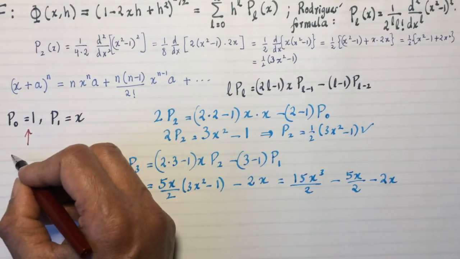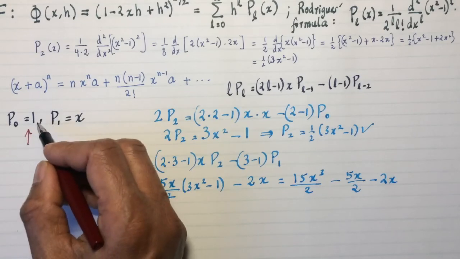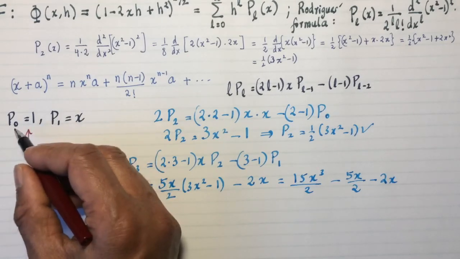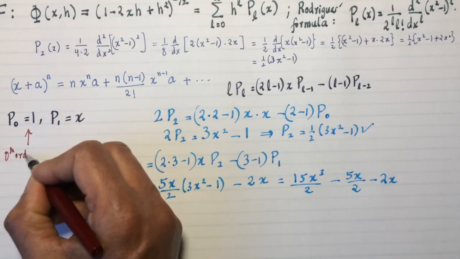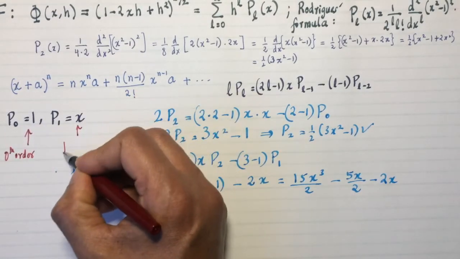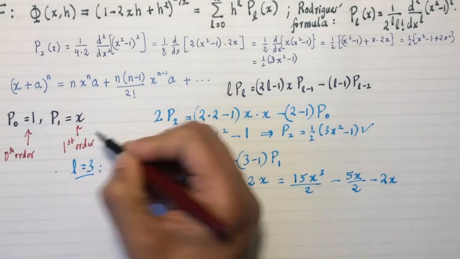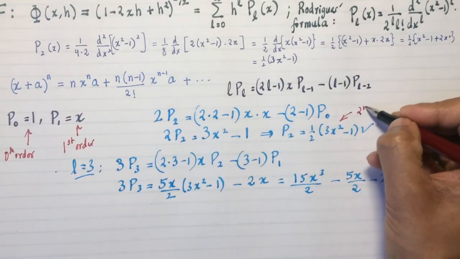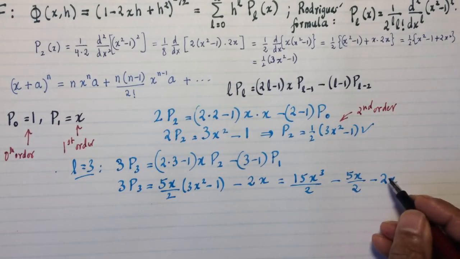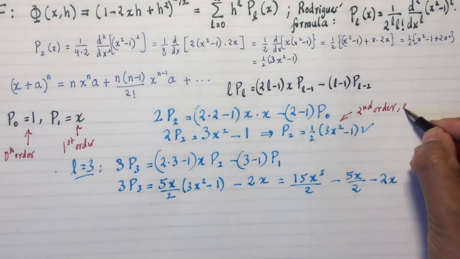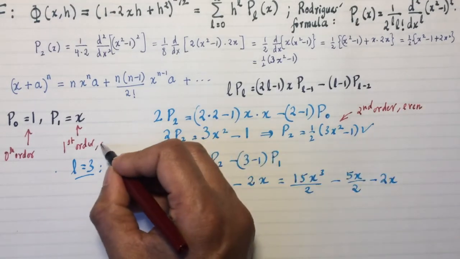Oh, before I forget, one other thing you have to observe here is that in an earlier video I mentioned that the polynomial you get is always going to match the L value. So this is a 0th order polynomial, and that's the first order polynomial. That's a second order polynomial, and so you can expect this to be a third order polynomial, a third order and even, first order and odd.